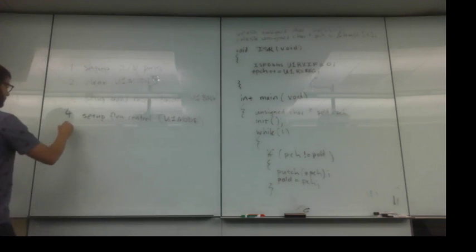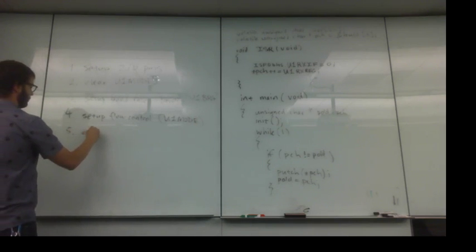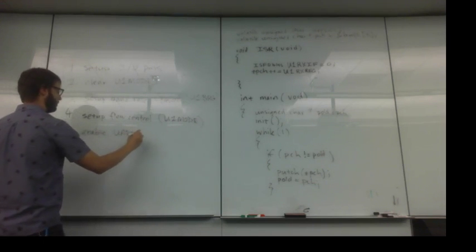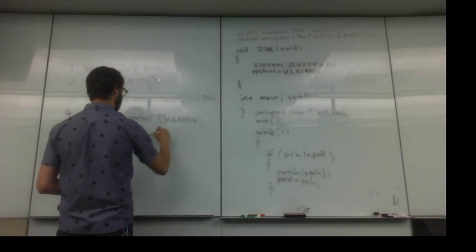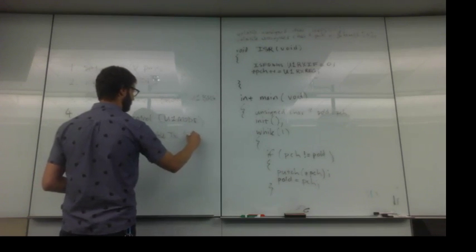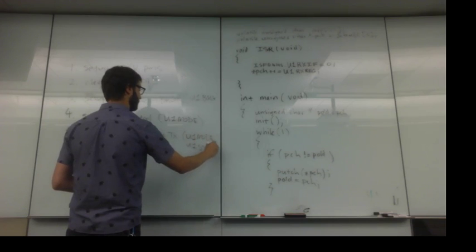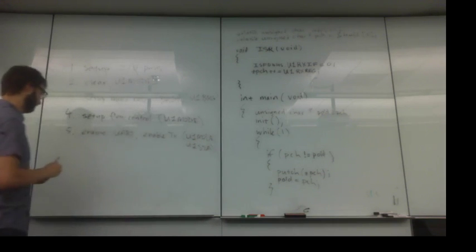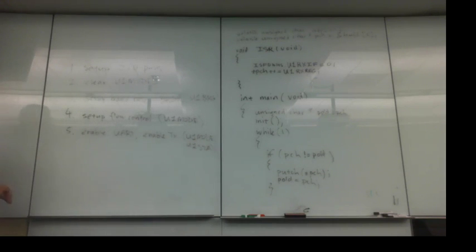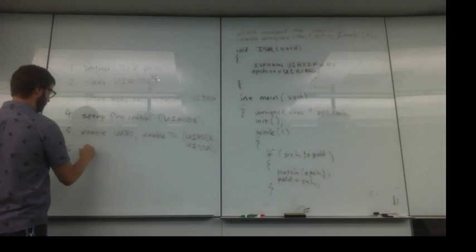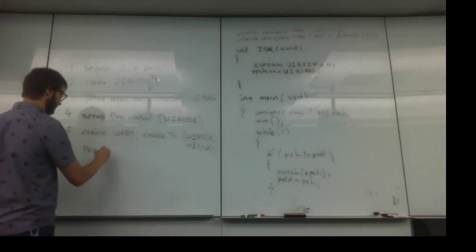And then we're going to enable UART and enable transmission. And that's in U1 mode and U1 STA. And 6 is do the peripheral pin select, and I'll talk about that today.